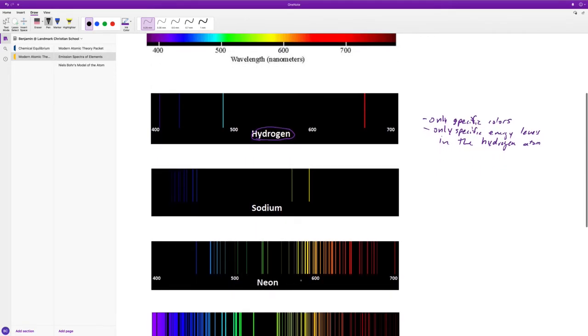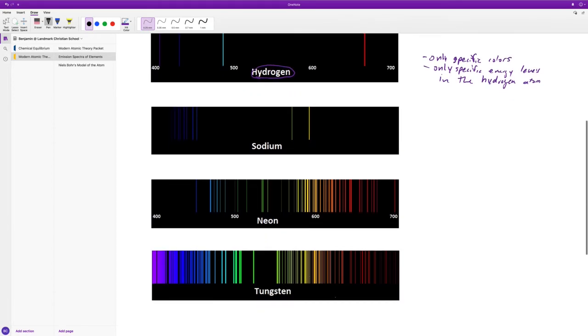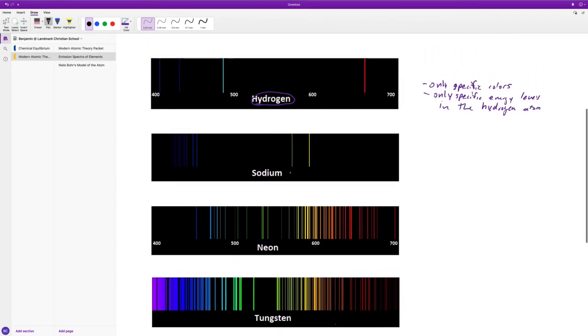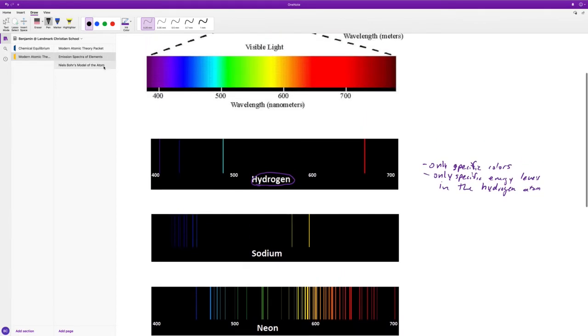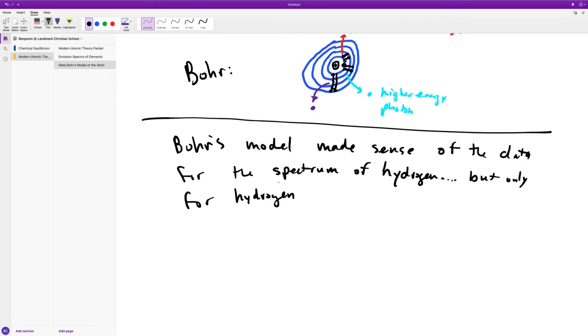In neon, you've got 10 electrons. And in tungsten, you have 74 electrons. And it's not obvious why you have all these different colors. Like sodium has a simpler spectrum than neon, and yet it has an extra electron. So that's not really following a clear pattern. But at any rate, Bohr's model of the atom works perfectly for hydrogen.